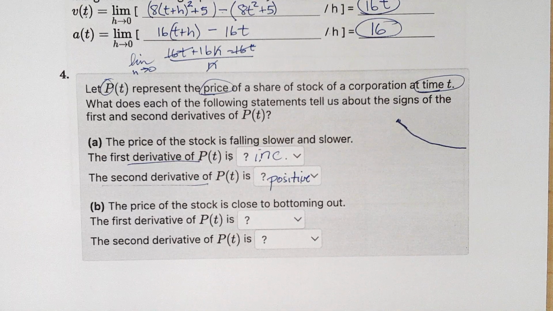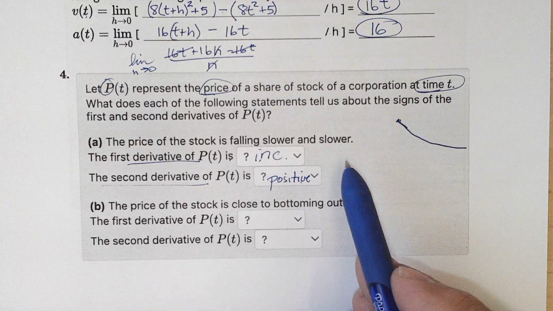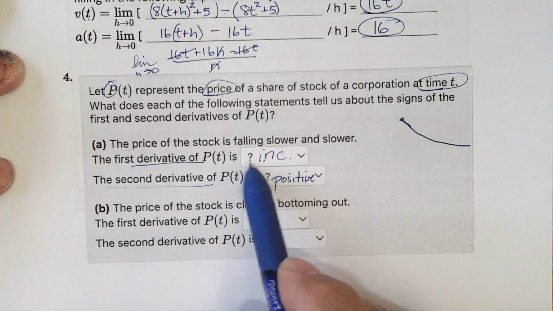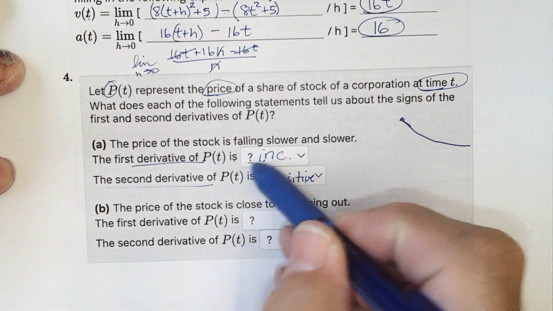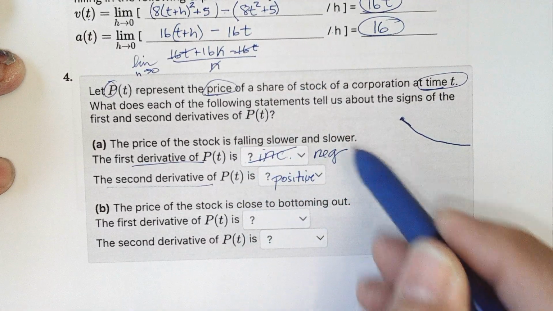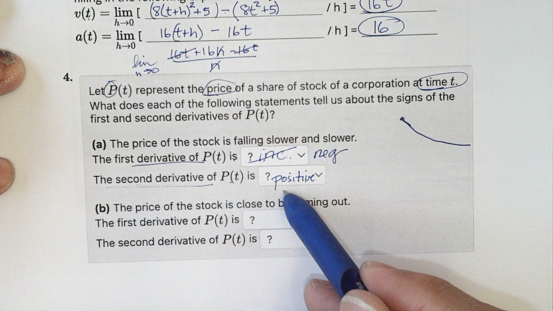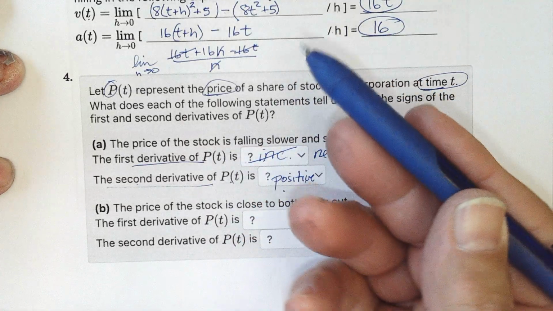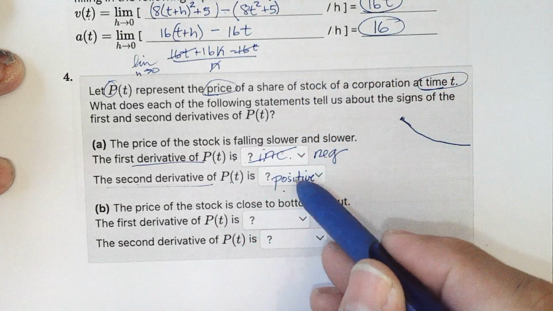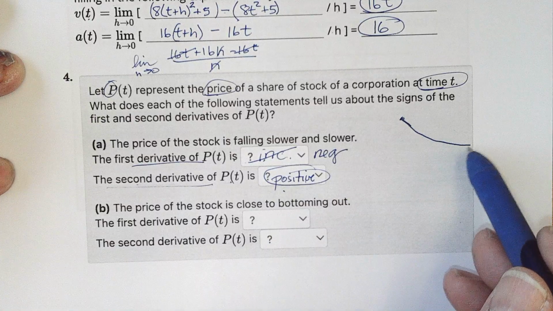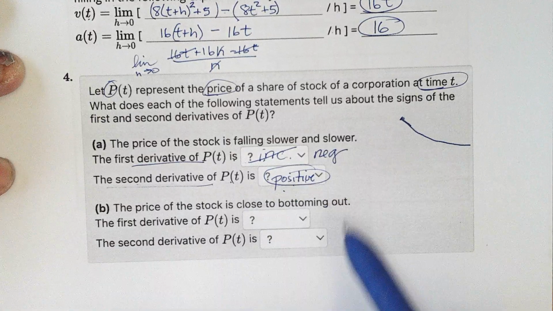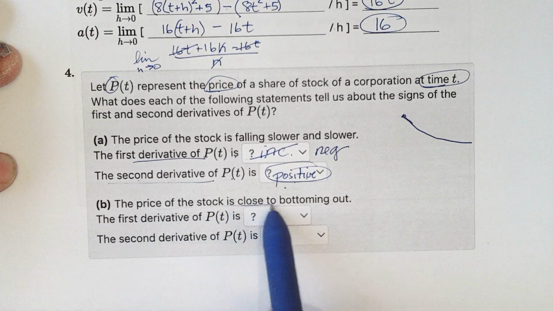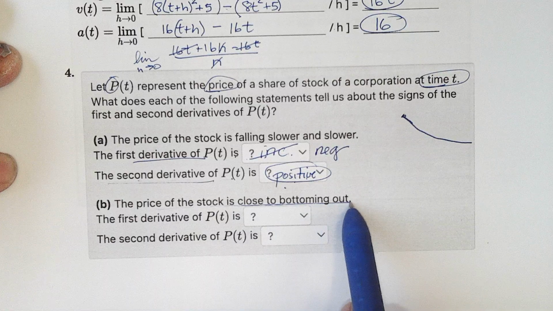So here, we had to decide whether it was positive, 0, or negative. So the slope is negative, and the second derivative is positive because this is increasing. Even though it's a negative slope, it's increasing. The rate of increase of the slope of this curve is positive. The price of the stock is close to bottoming out.